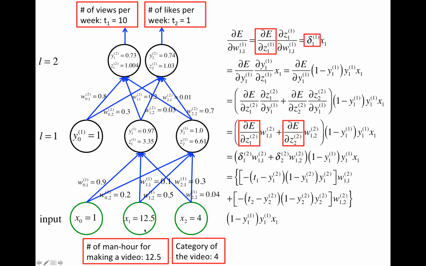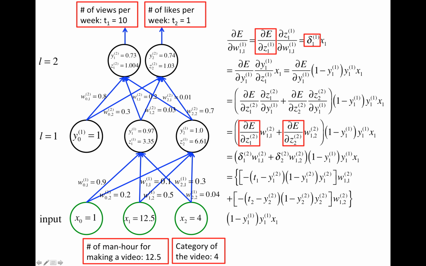So it's x1 that's multiplied with W111 and then goes into the logit. So if you take the derivative of Z11 with respect to W111, then the derivative is x1. Here, we are applying the chain rule again.